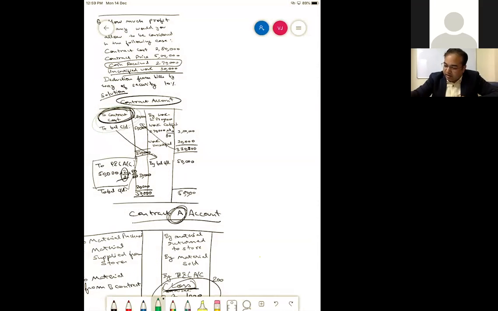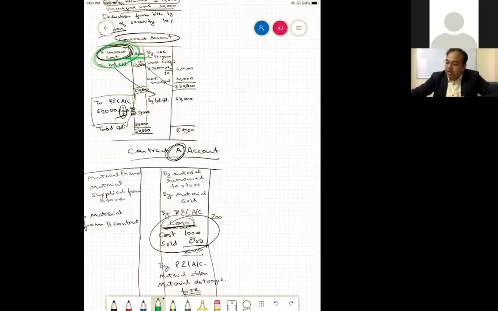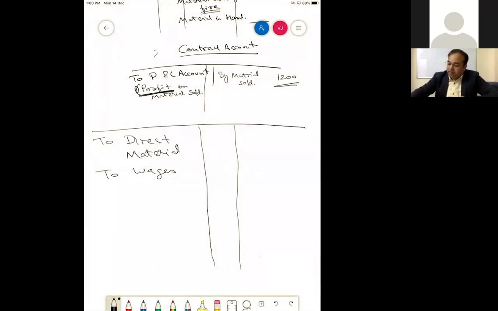If there is no breakup, then you can show it in one figure, like we started over here, where we are directly showing the costing. But if there is breakup, you can show it differently. Like I'm just giving you an example of another contract account. So direct material, direct wages.